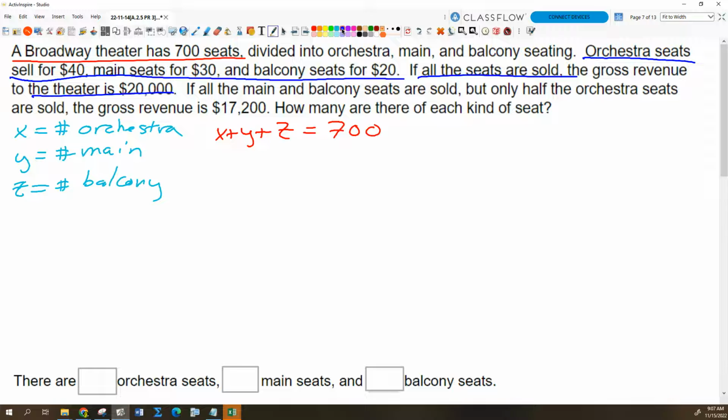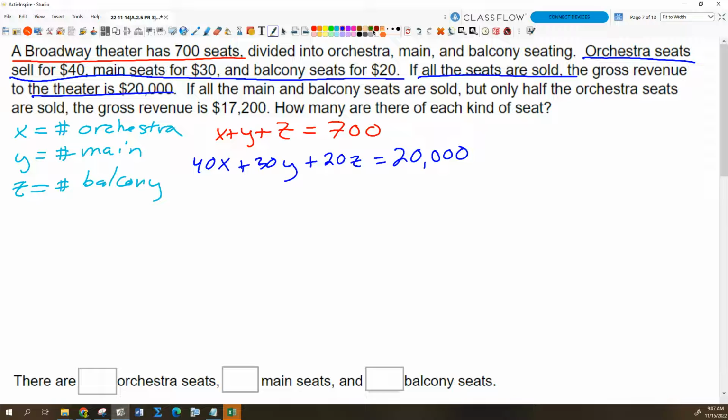And if it's a sellout, if we sell all the seats, the theater makes 20 grand. Exactly, right? So the amount of money we're making from the orchestra seats is going to be $40 times X seats. The amount of money we're making from main level is $30 per ticket times Y tickets. The amount we're making from balcony is $20 a ticket times Z tickets, and that has to add up to 20,000.